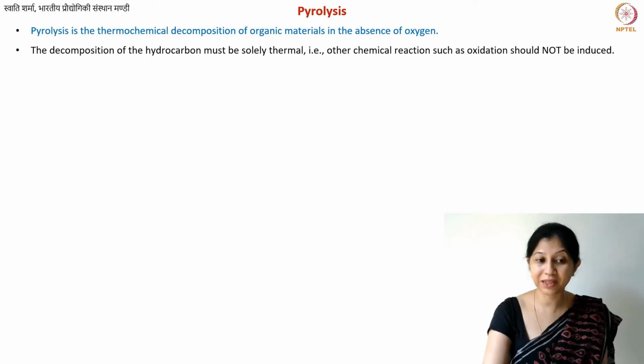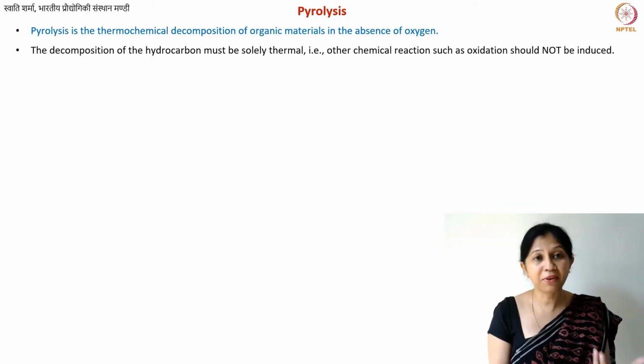What does that mean? That means that there should be no other reaction such as oxidation. Whatever non-carbon atoms you're losing, you must be losing them because of only heat treatment and nothing else. So it should be purely a thermal process, and that is why we make sure that there is no oxygen, except for whatever the polymer itself contains.